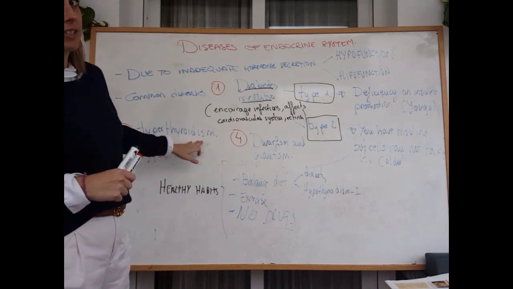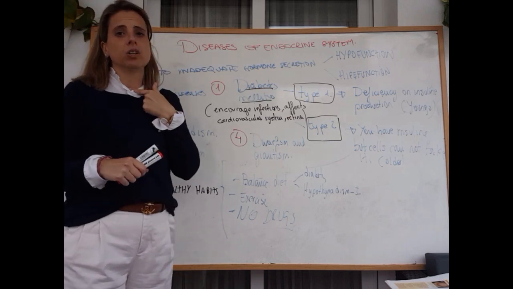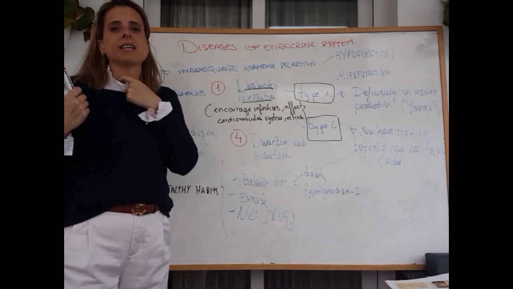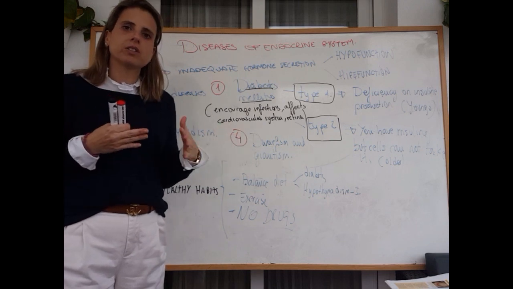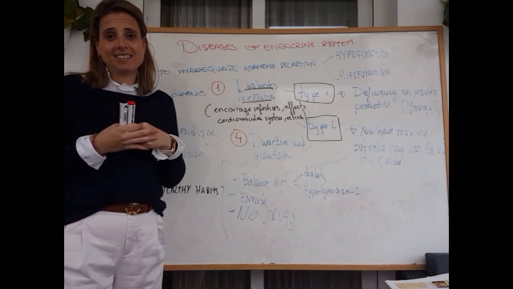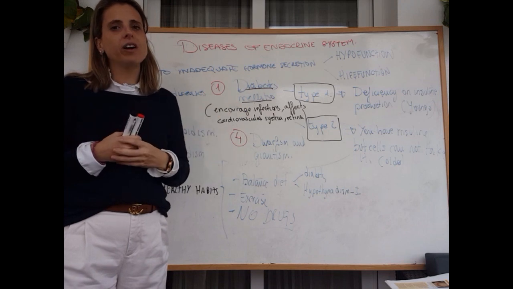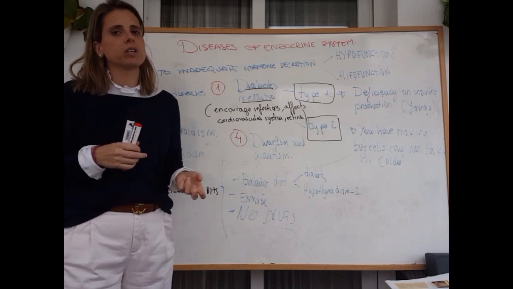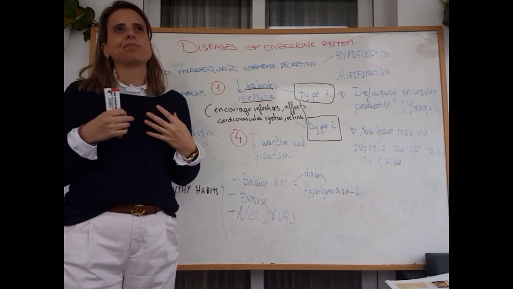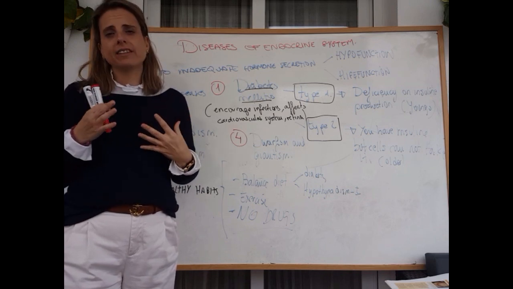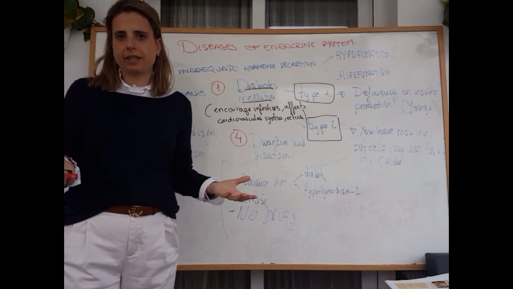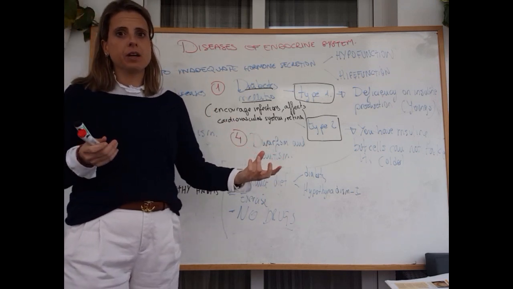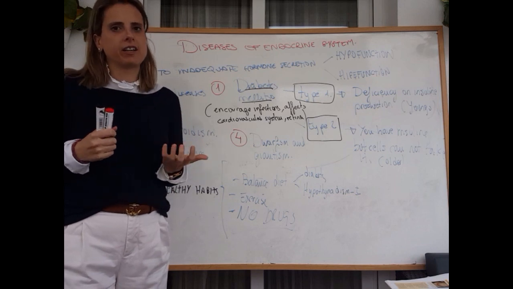Hyperthyroidism. The thyroid, the gland that we studied the previous day, is a gland that secretes T3 and T4, and the function of these hormones is to regulate the metabolism of the whole body. So if you have hyperthyroidism, your metabolism is running a lot.